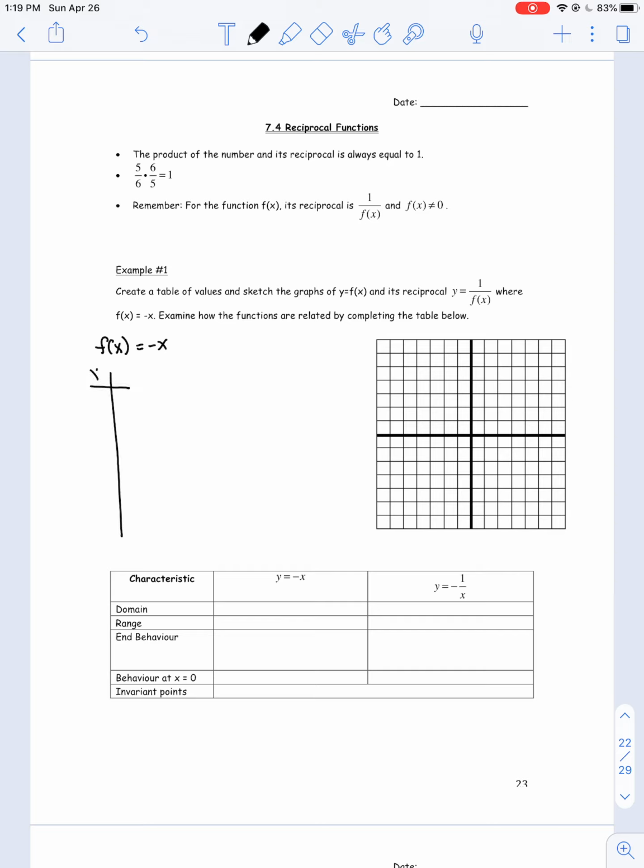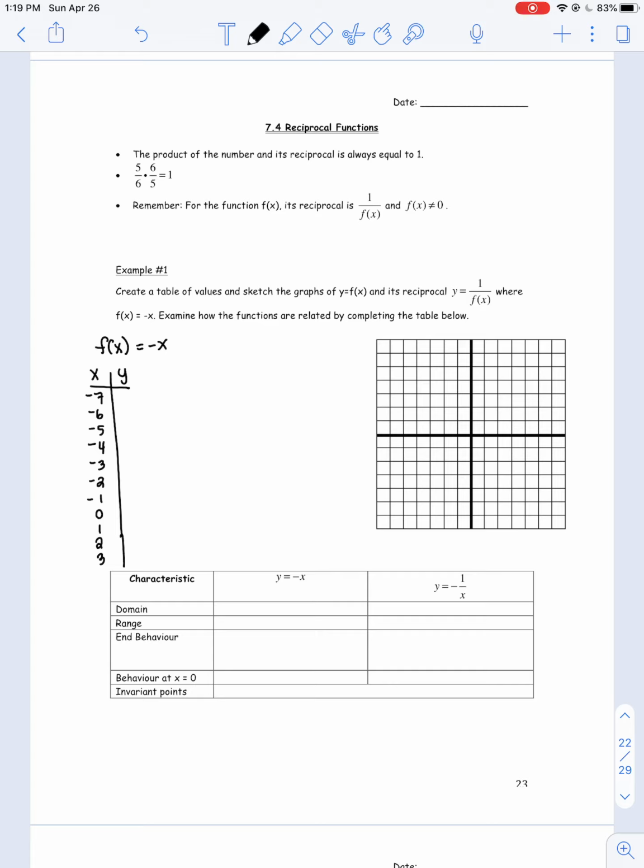Okay, so if I plug in any value into x, my y-coordinate is just going to be the negative of it. So I'm going to go from negative 7 up to 3.